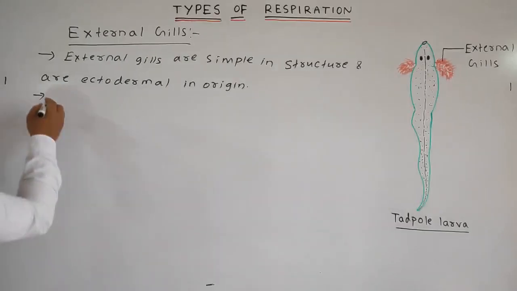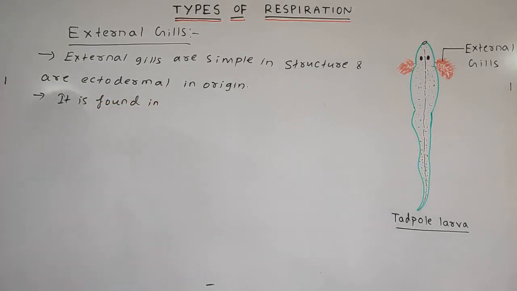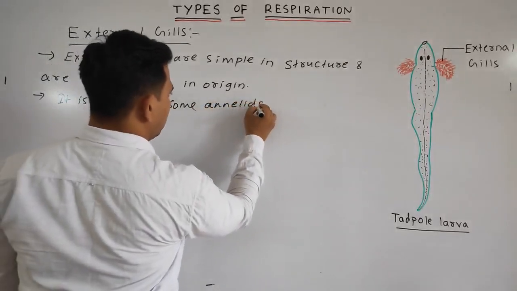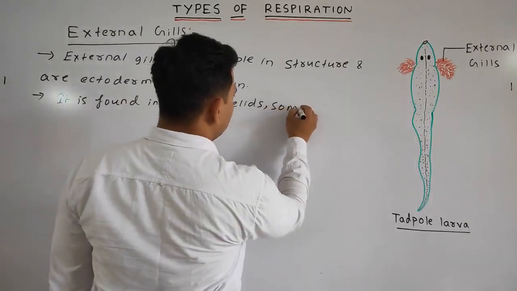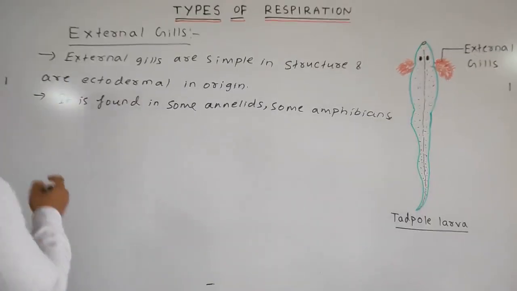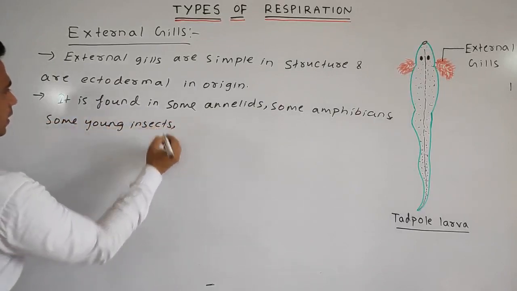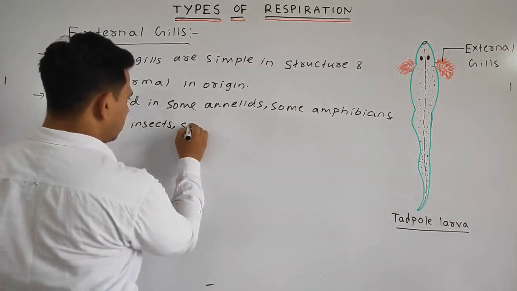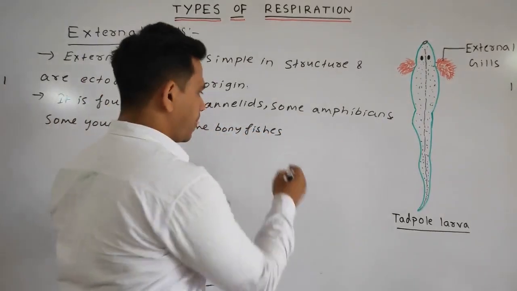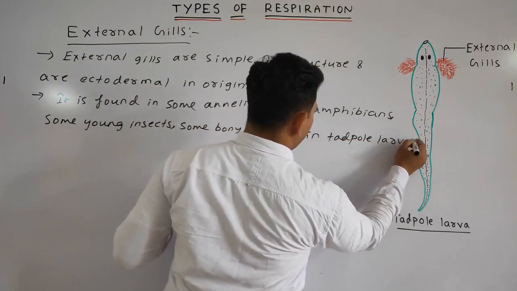So it is found in some annelids, some amphibians, some young insects, some bony fishes, and obviously in the tadpole larva.